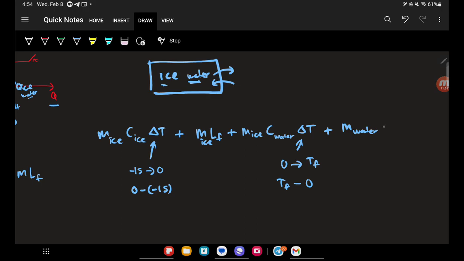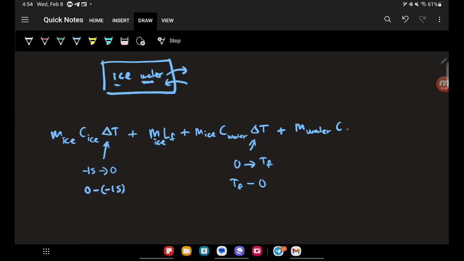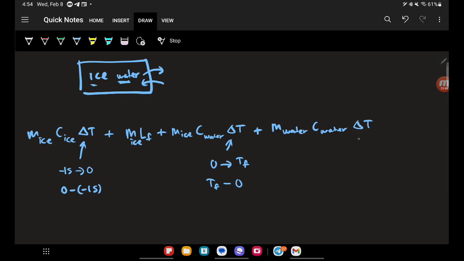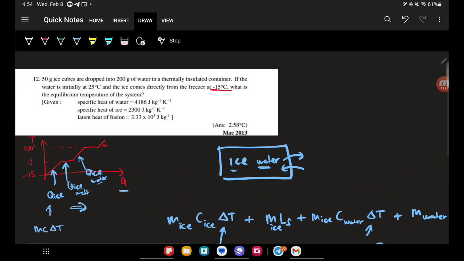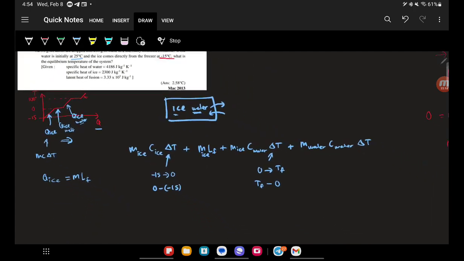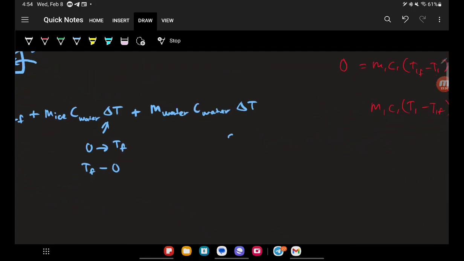So mass of water, then the specific heat capacity, also of water, and then the last one is the temperature change. The temperature change of the water is from the temperature provided in the question, 25, so it means it goes from 25 degrees Celsius towards the final equilibrium temperature. So you don't even consider whether you are going to increase or decrease.